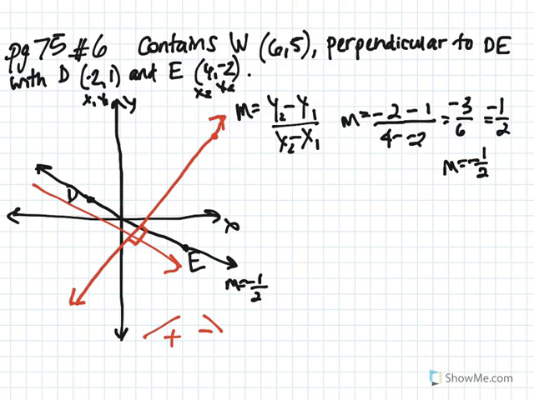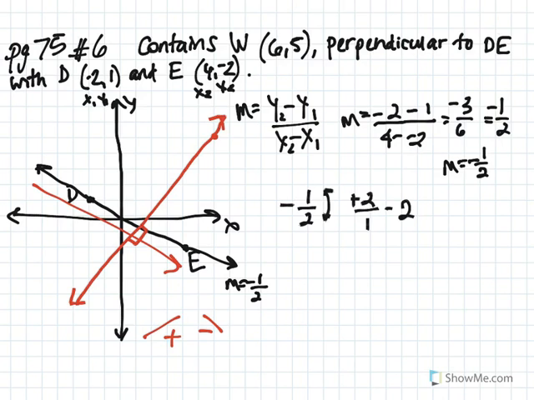All right, so the trick to find the slope of a line that's perpendicular to another line, we take the initial slope of the first line, we switch the numerator and the denominator, you get -2/1, and then you change the sign.